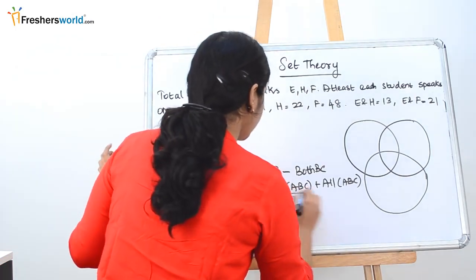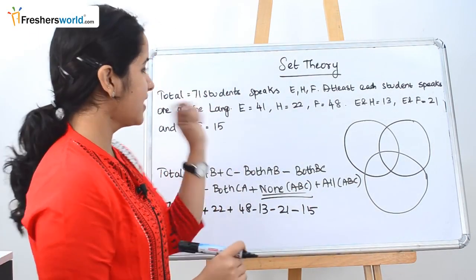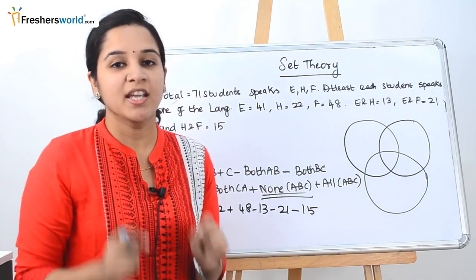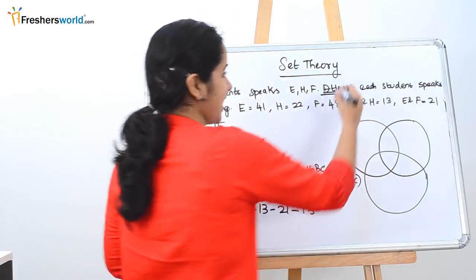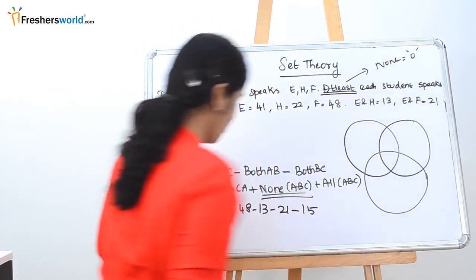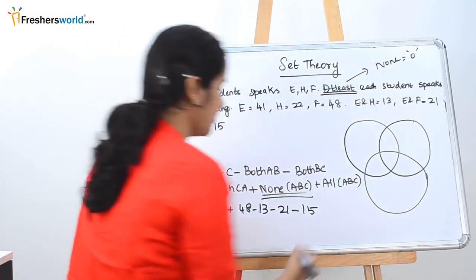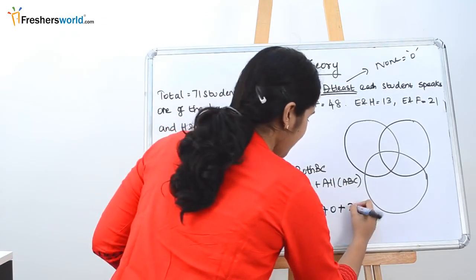So the catch here is none of ABC. If you see in the question, at least each student speaks one of the languages. In the previous video we told that if the word at least is there in the question, then immediately we should know none is nothing but 0. So the none of ABC is 0 here. Plus all ABC is the one that we are going to find, so keep it as x.